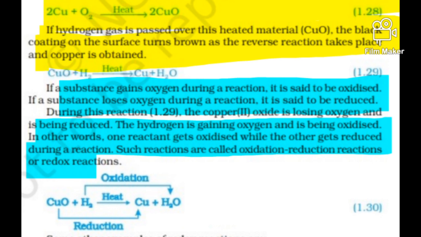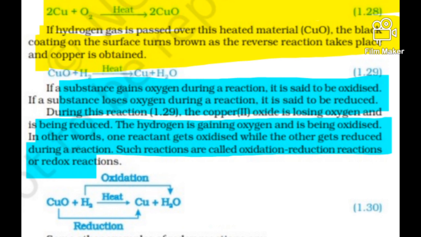Okay, so in the reaction that is there, we see hydrogen is gaining oxygen, so it is oxidized, and copper is losing oxygen, so it is reduced. So simply when oxygen is lost, we call it reduction, and when oxygen is gained, we call it oxidation.